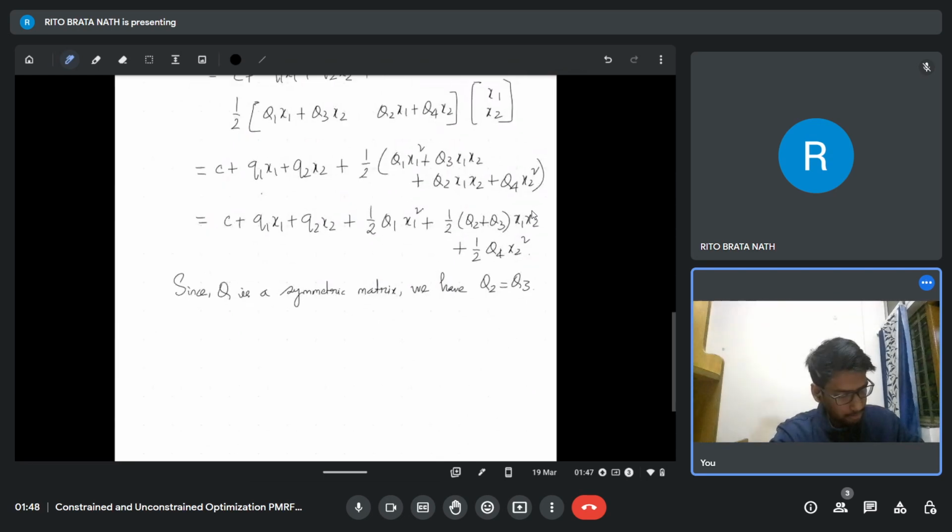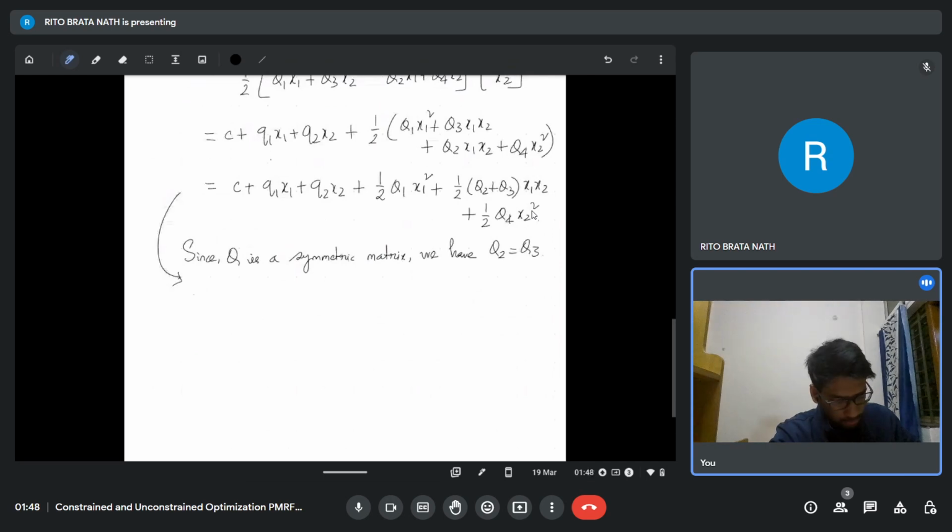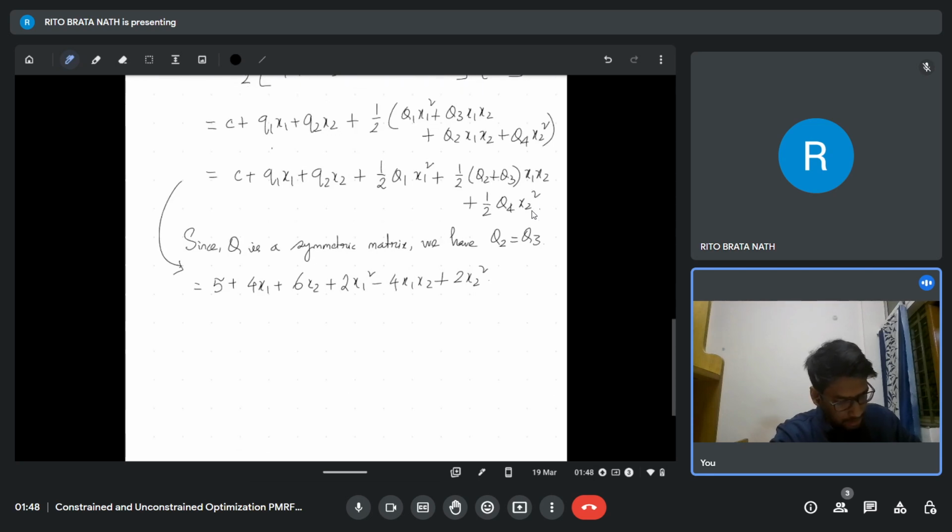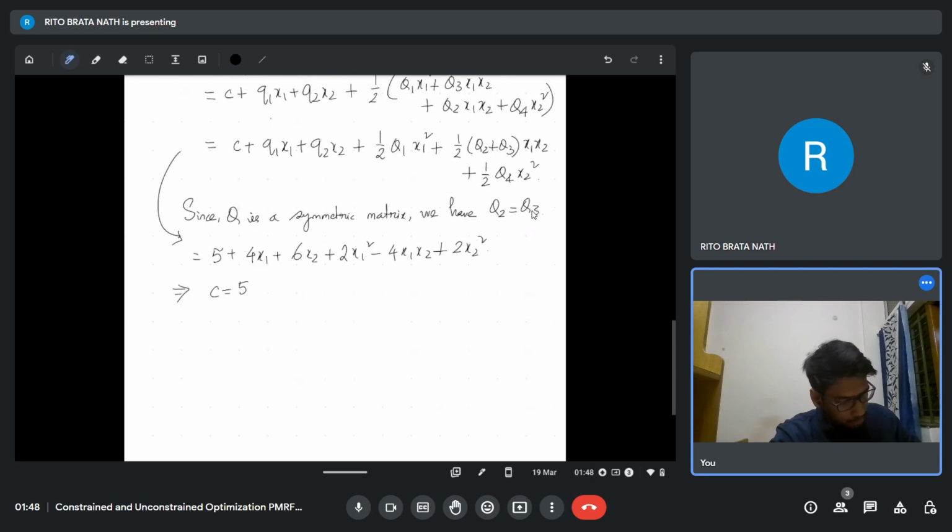You can write this expression as equal to 5 plus 4x1 plus 6x2 plus 2x1 square minus 4x1x2 plus 2x2 square. So what you have here, C equals 5, q1 equals 4, q2 equals 6, capital Q1 equals 4.